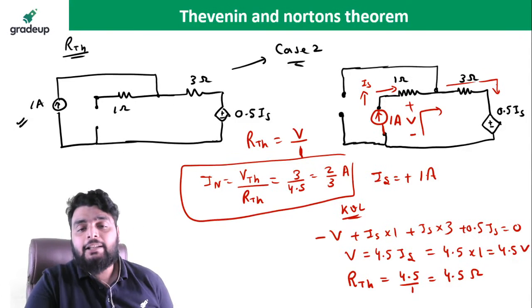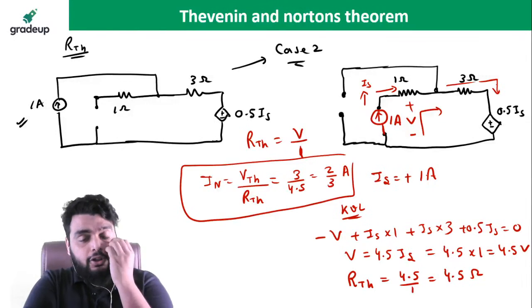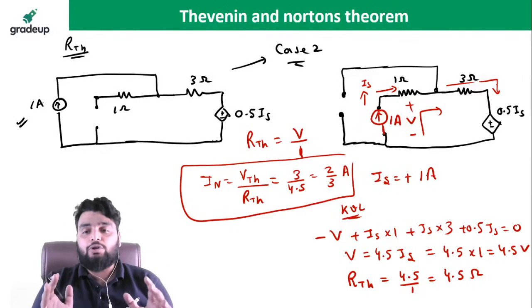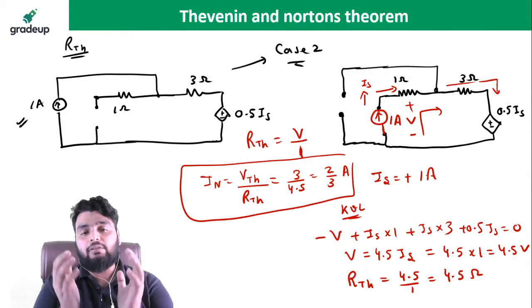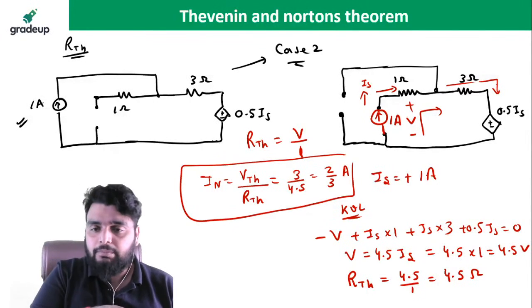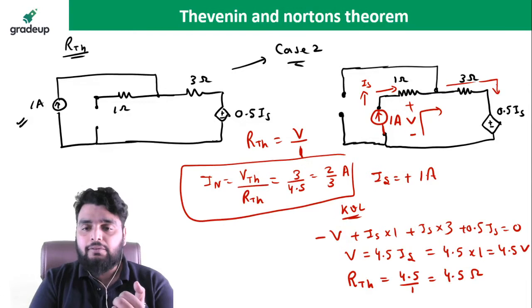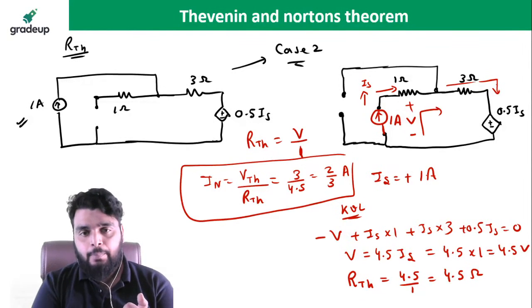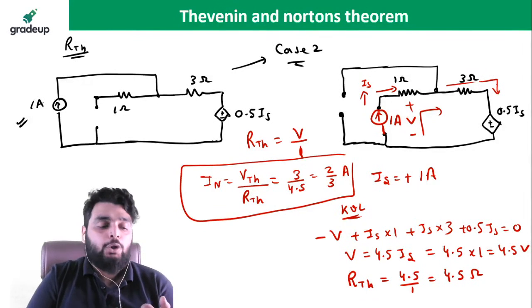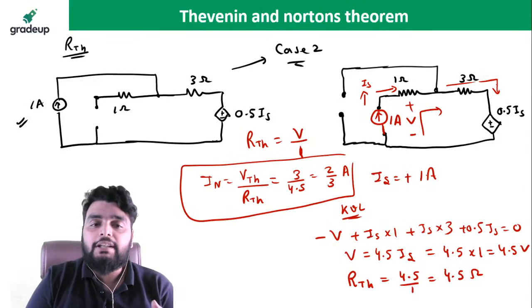If you don't have any other doubt, I can jump to the next question. But before that, let us brief this question. What important points do you need to learn from it? The source can be anything. Load can be anything. Load can be an active source or a resistor. Whatever the load, you need to remove it from the terminal so that you can find VTH and RTH across that terminal.